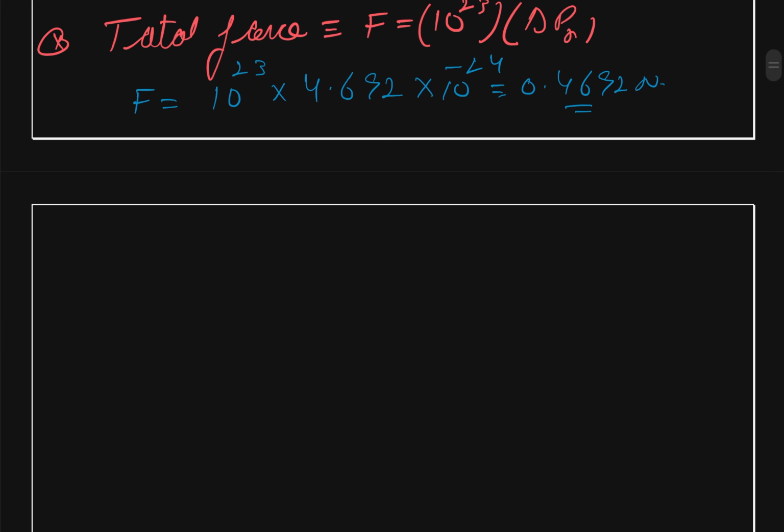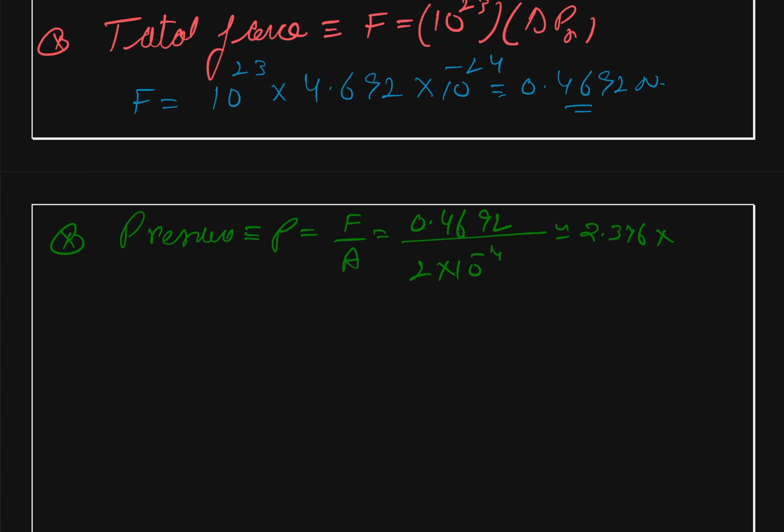So pressure is nothing but force per unit area. So you can say the pressure P will be equal to force over area, and we have this as 0.4692, and the area is 2 centimeter square. So this comes as 2 into 10 to the power minus 4, which gives us approximately 2.346 into 10 to the power 3 pascals.